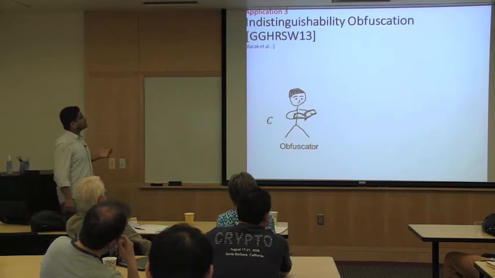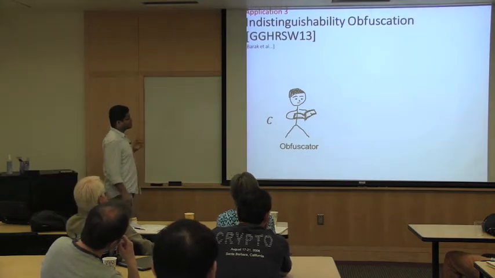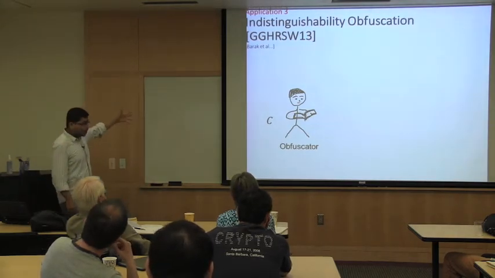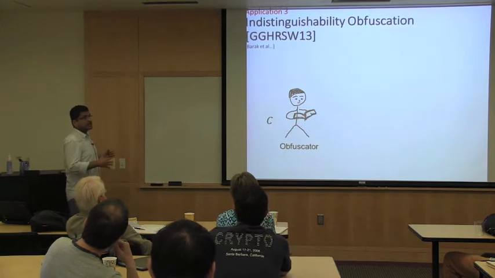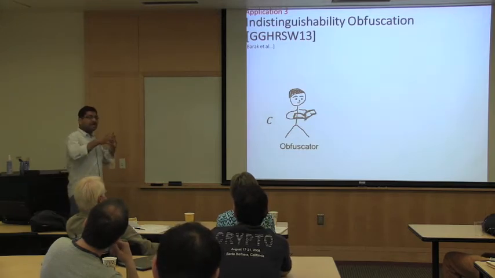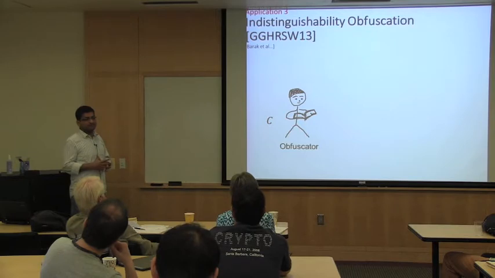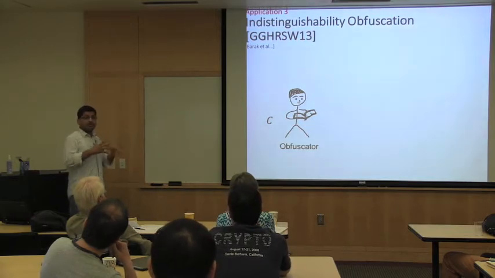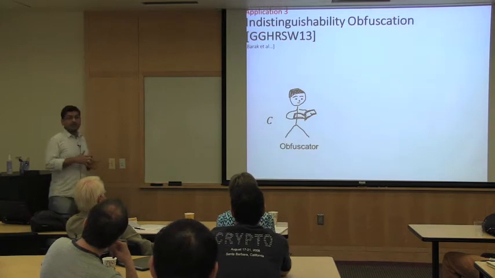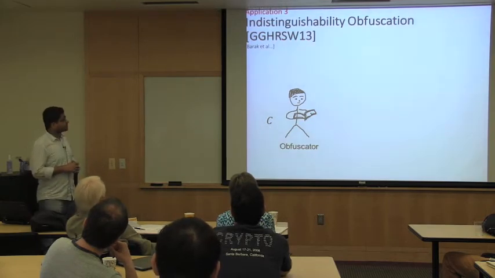Now I'm going to tell you about another notion, indistinguishability obfuscation. This notion is stronger than witness encryption in the sense that it not only allows you to do this access control, but it mixes it with FHE. So what you're learning is arbitrary computation of encrypted data and not just encrypted answers.